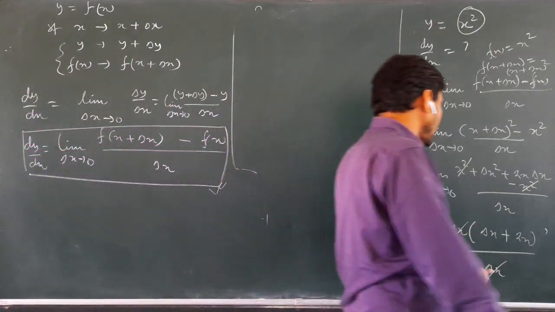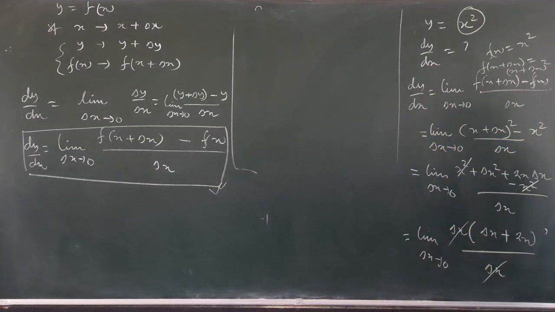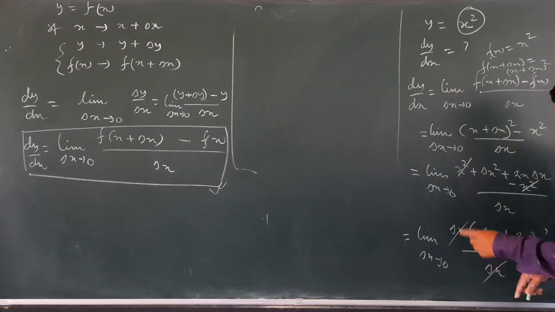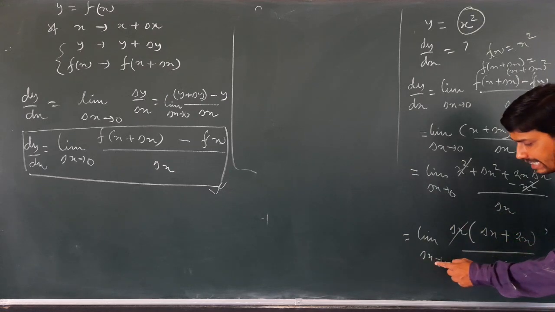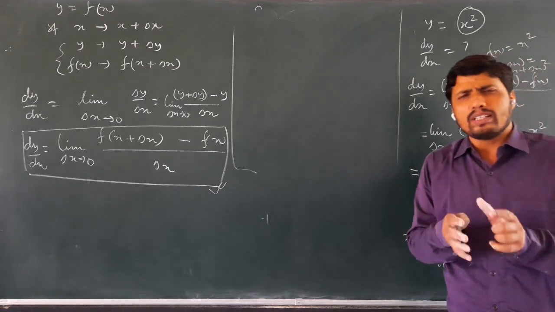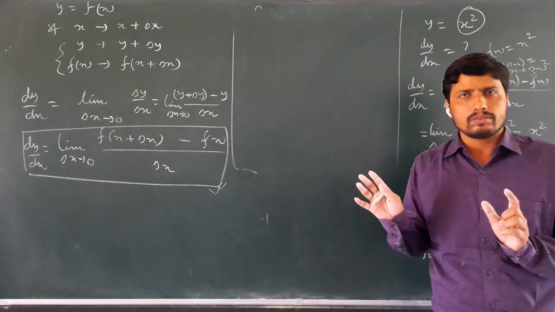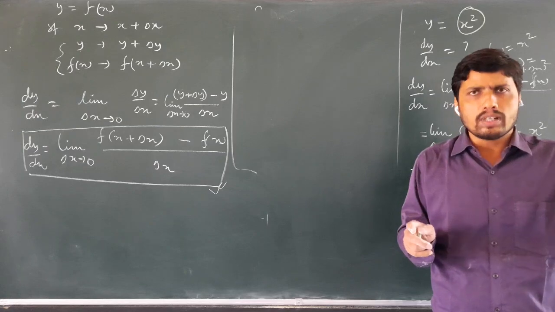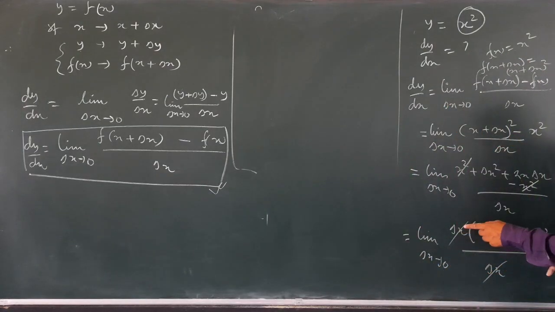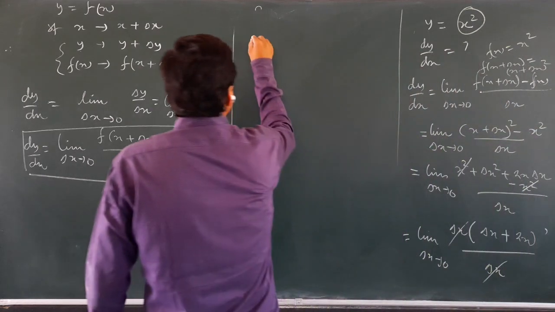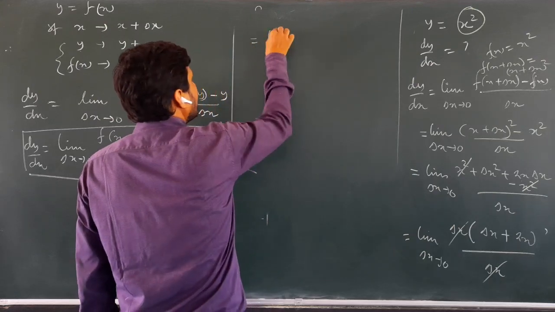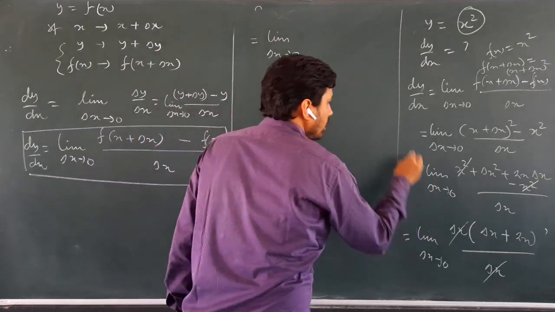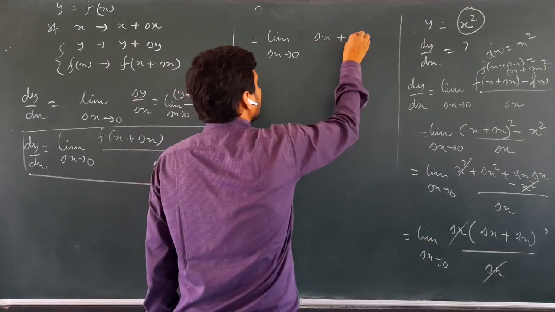Be careful. Now when we cancel this delta x and delta x, we are able to cancel because we know that delta x is not 0. Delta x tends to 0 means delta x is very small, but not 0. For example, it is 0.0000001. They can cancel, no problem in that. So what is left behind is limit delta x tends to 0, delta x plus 2x.